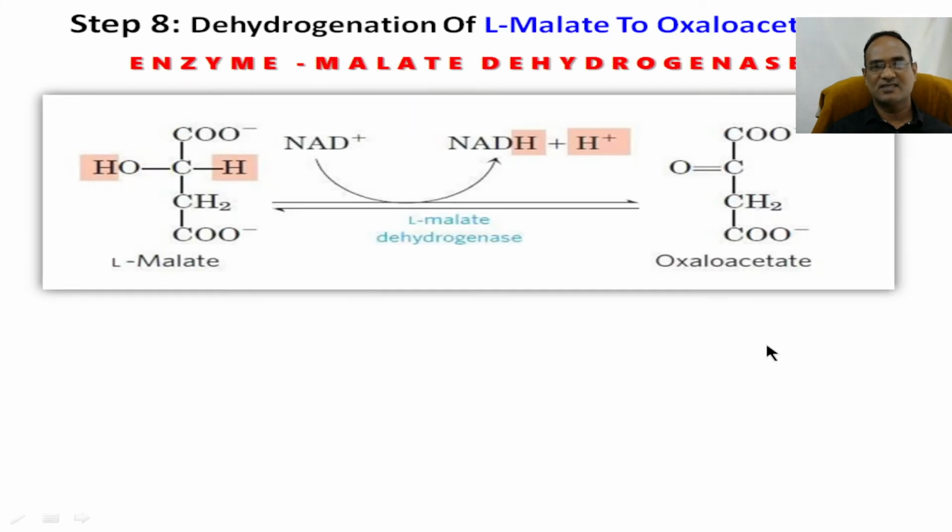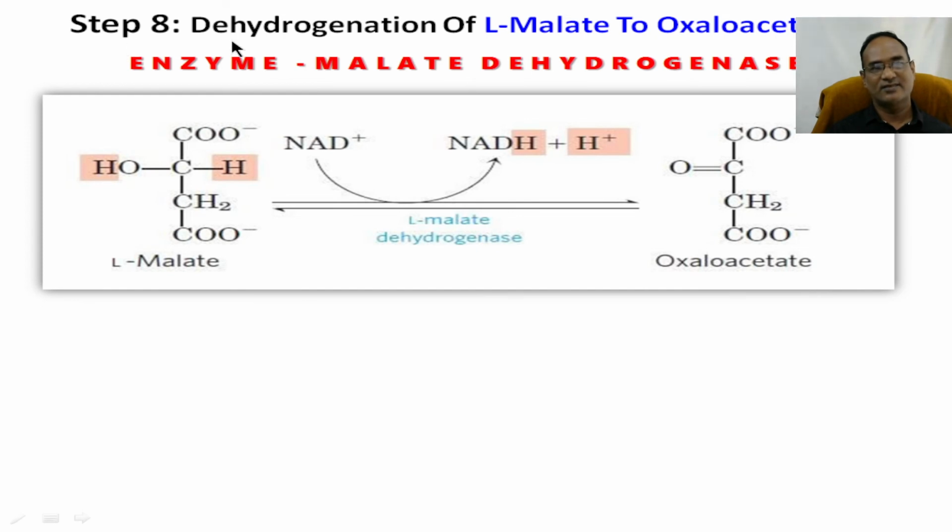So the eighth phase is very simple. Again, we are going to remove two more hydrogens from L-malate. Because of removal of two hydrogen molecules from malate, it will be converted into oxaloacetate. The oxaloacetate contains 4 carbon molecules.